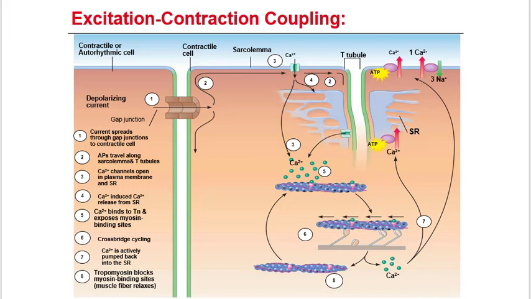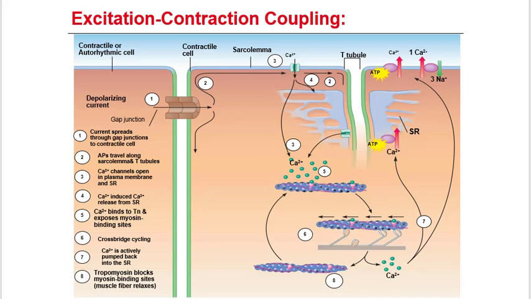Let's go over the major differences, however, when we compare skeletal muscle excitation, contraction, coupling to the same process in the heart cells. So we know that the pacemaker is going to set the rate of depolarization and the consequential contraction in the heart.